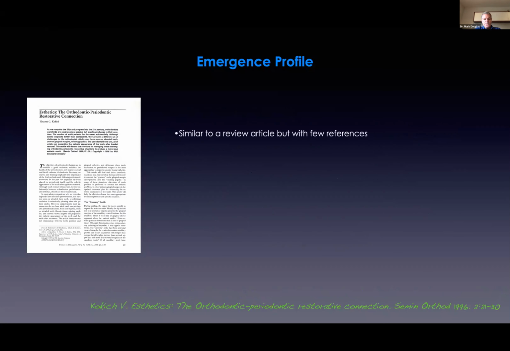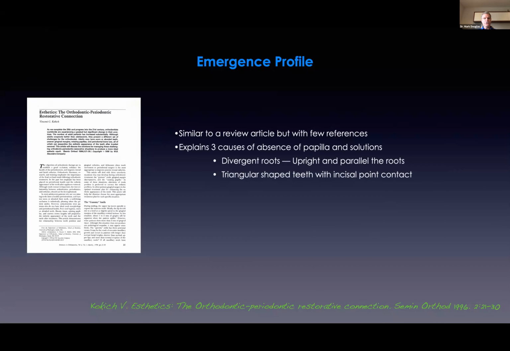All right, and so Vince Kokich wrote an article back in 1996 where he looked at black triangles and how you can close those orthodontically. So this article was similar to a review article, but he had very few references. It explains 3 causes of the absence of papilla and solution, and they are divergent roots, and the solution was to upright and parallel the roots, triangle shaped teeth with incisal contact points, and loss of crestal bone.